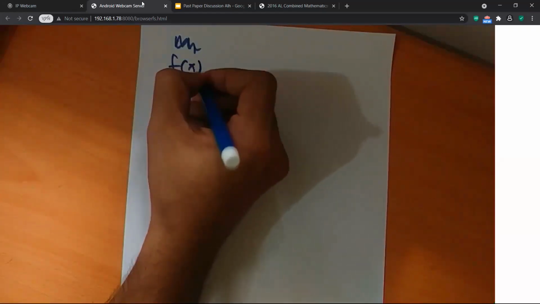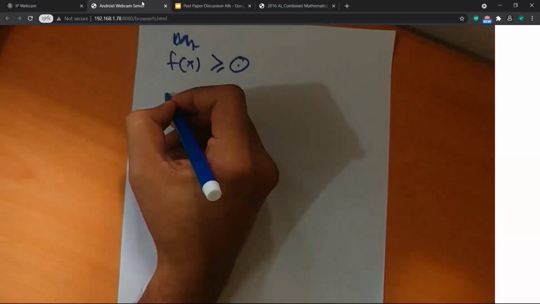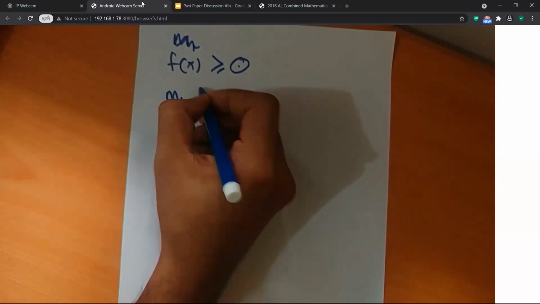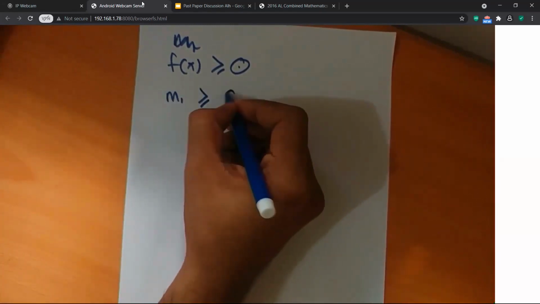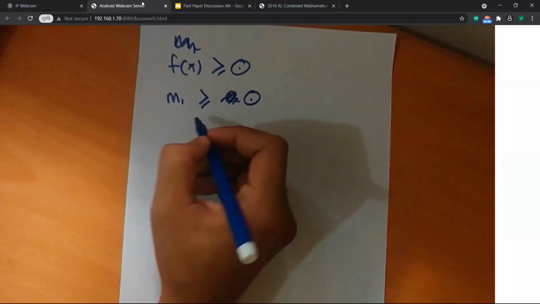So they are given that fx is greater than or equal to 0. That means the minimum value of fx is also greater than or equal to 0, which means m1 is greater than or equal to 0. Sorry. Now we already wrote m1 in terms of m2, right?